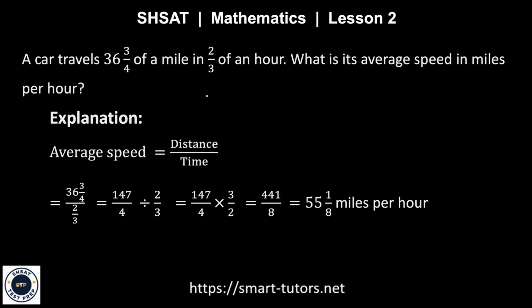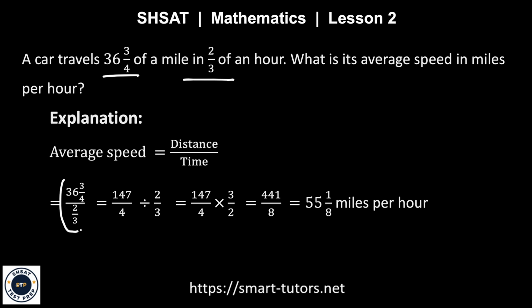There is another practice problem. So you could see here, a car travels 36 3/4 of a mile in 2/3 of an hour. What is the average speed in miles per hour? So what you have to do: you learned in a previous class that average speed equals distance over time, right? So you have to divide the distance over time.